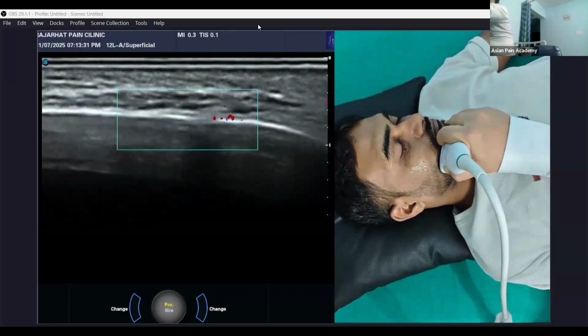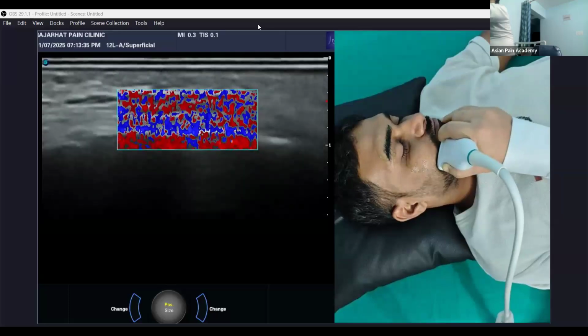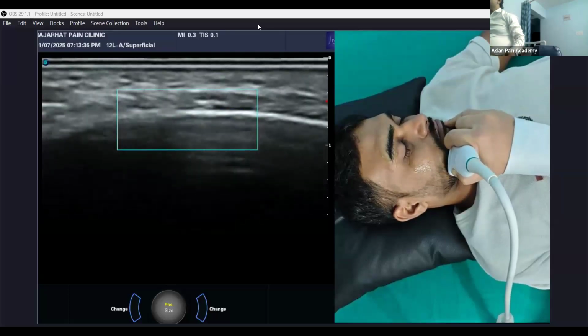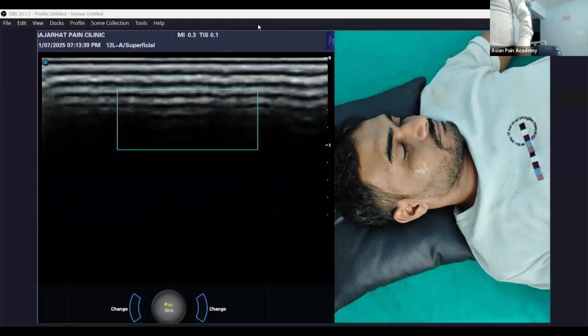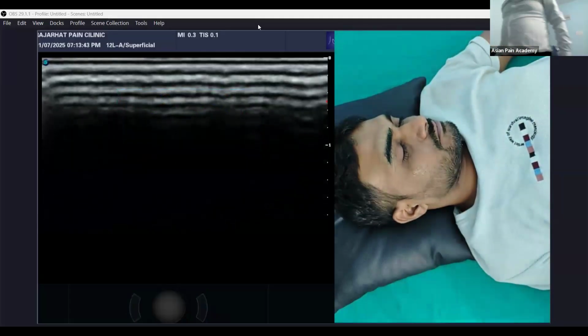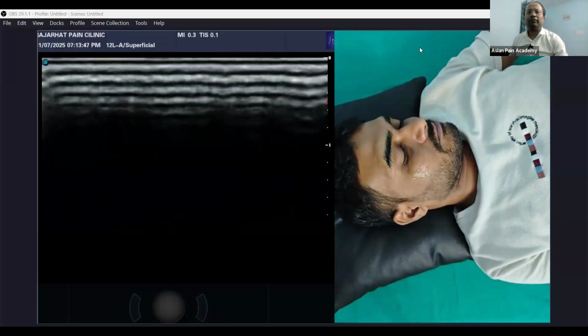Sometimes the blood pulse is not coming anyway. So you have seen, I feel. This is the mental foramen. Any question here?